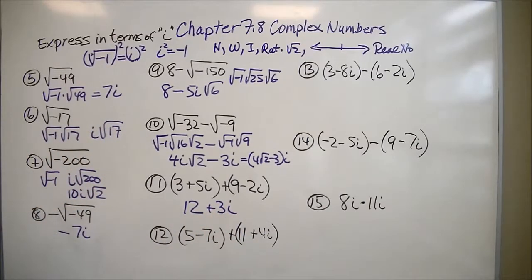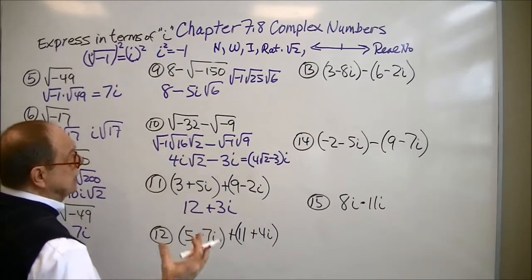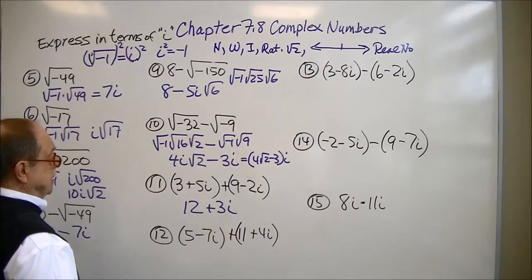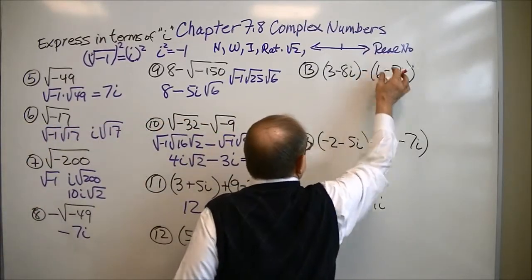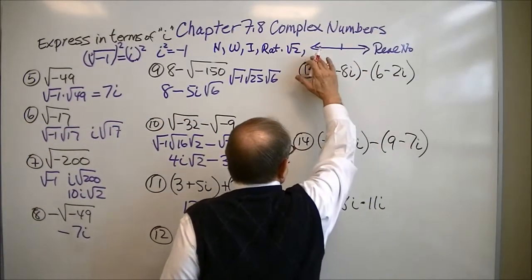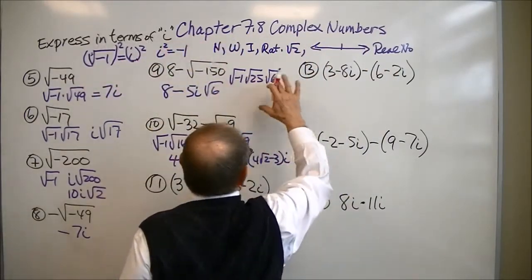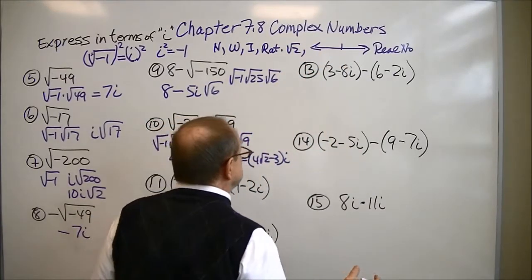Now another thing comes into play here as well, and I better be sure I give it to you, and that is when we write things that have i in it, these are complex numbers. And complex numbers are above real numbers. So on the number line we have real numbers, but if we add these imaginary numbers to it, they make a group called complex numbers.